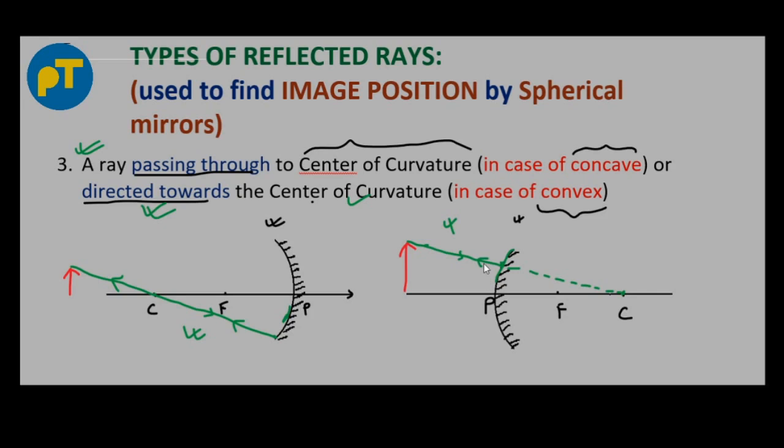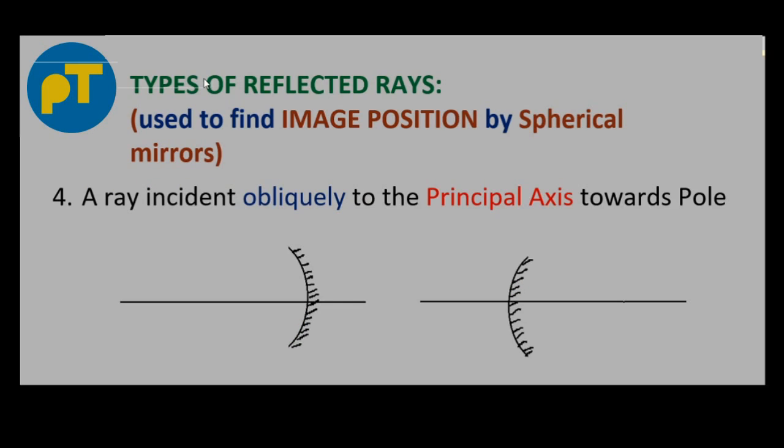Okay, next, the fourth point is a ray incident obliquely to the principal axis. When we say obliquely, let's say we have a principal axis here, then a ray coming obliquely means a ray coming at a certain angle, not perpendicular to the principal axis.